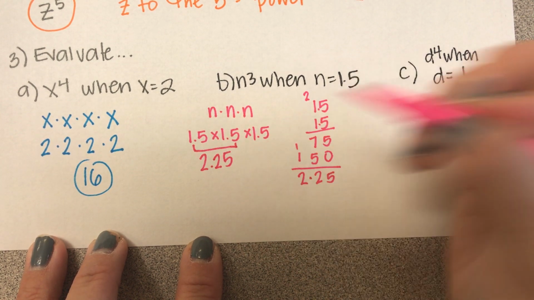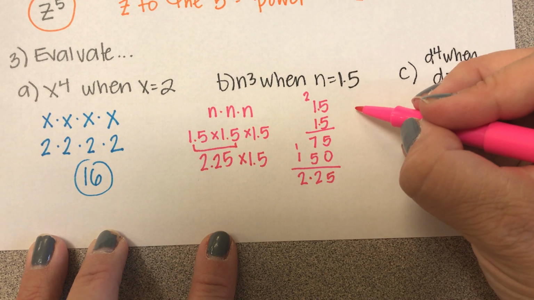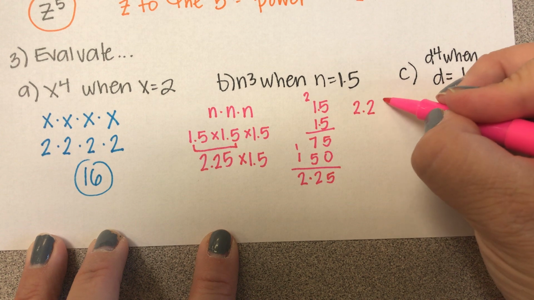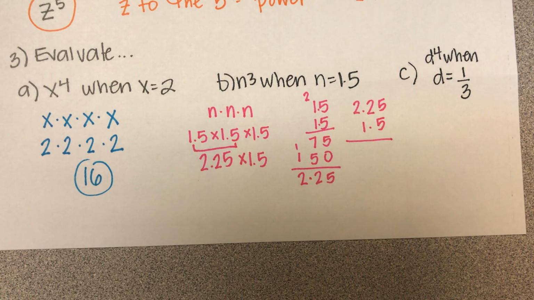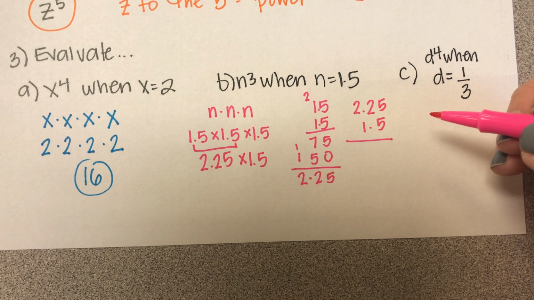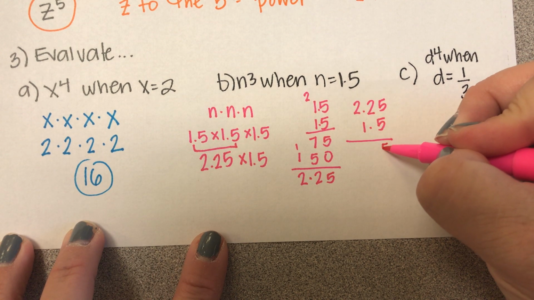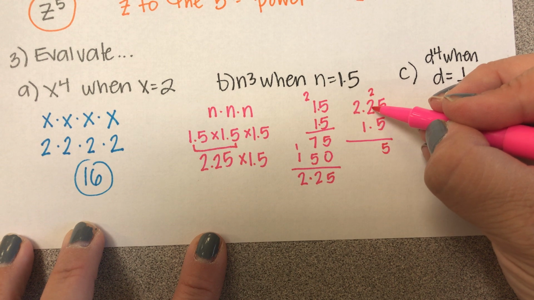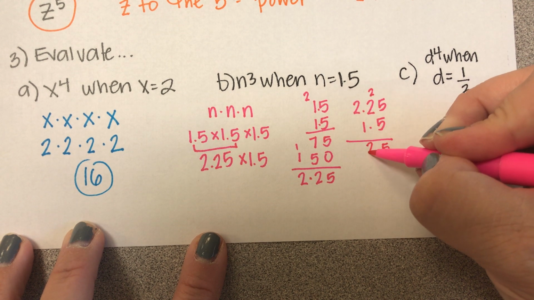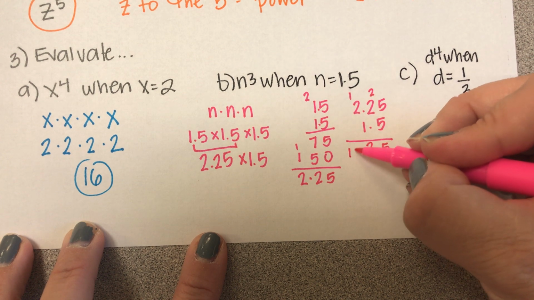So that was these two times each other, but I still have to do times 1.5. So 2.25 times 1.5. Okay, there's not very many that are this obnoxious for y'all, but that's okay. We can handle a little bit of multiplication. So I'm gonna do 5 times 5 is 25. 5 times 2 is 10. 10 plus 2 is 12. 5 times 2 is 10. 10 plus 1 is 11.